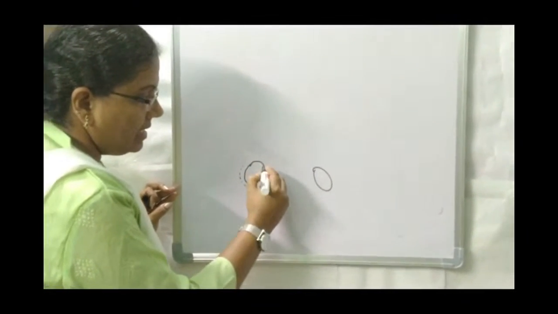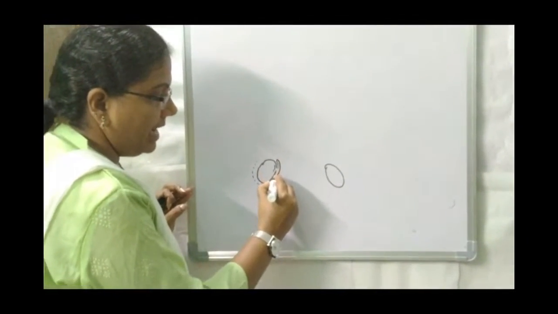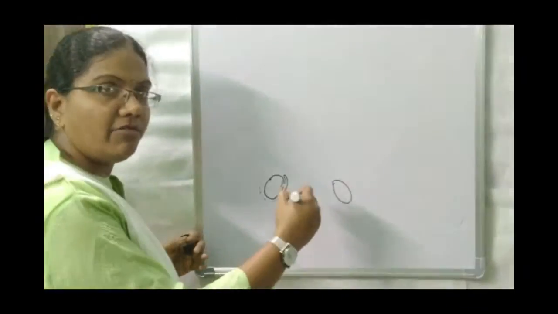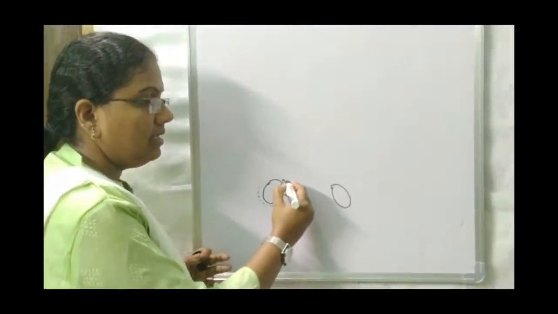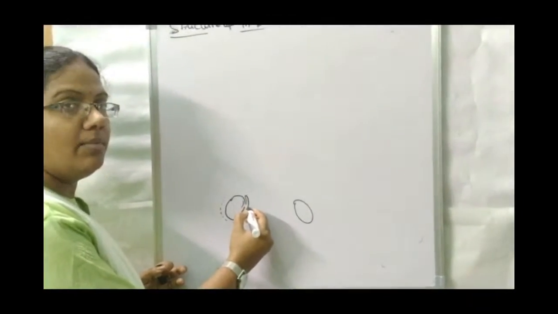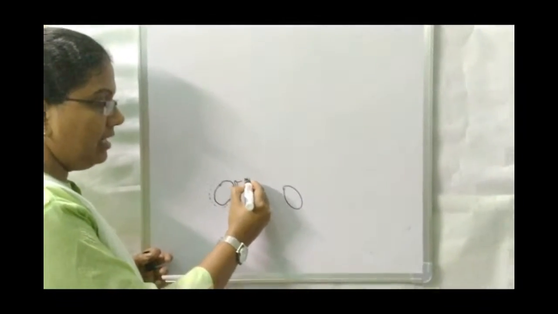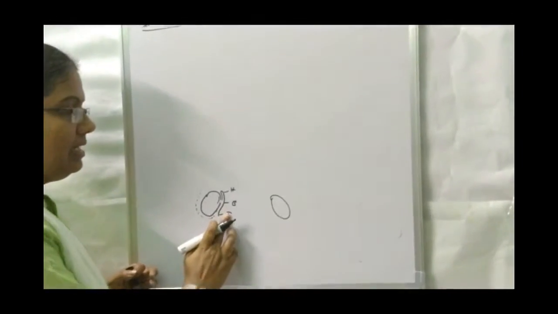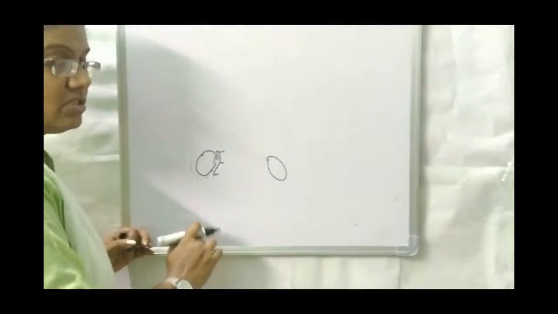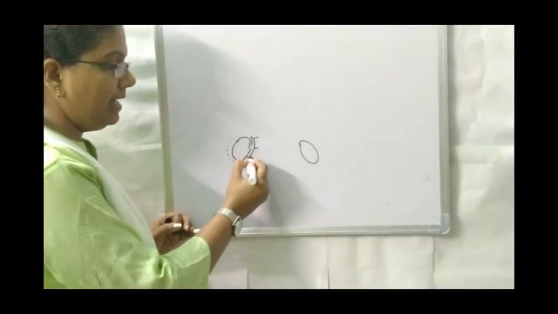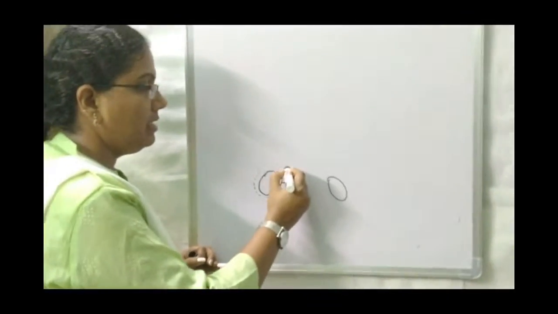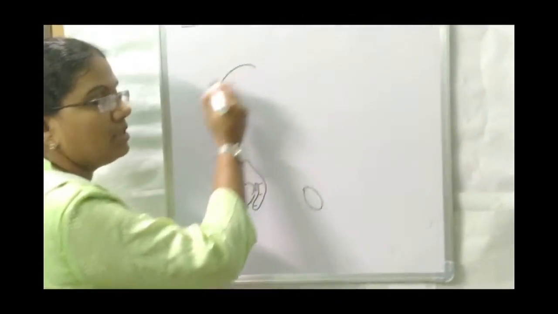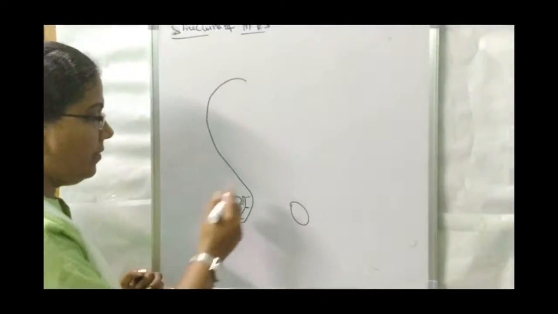Behind the testis, there is the epididymis. It has many folds and three parts: head region, body part, and a tail. We already discussed those structures. The epididymis travels towards the urethra area.